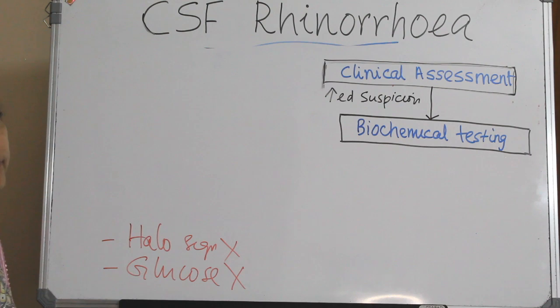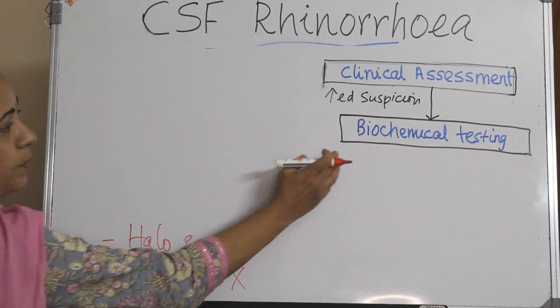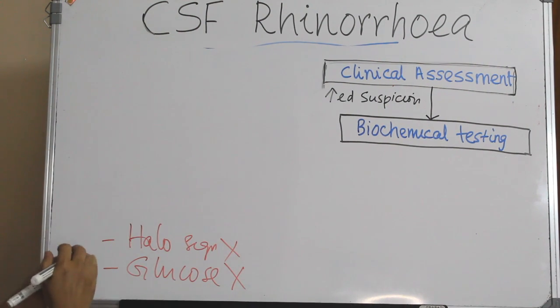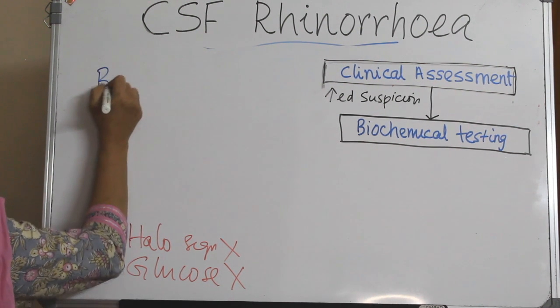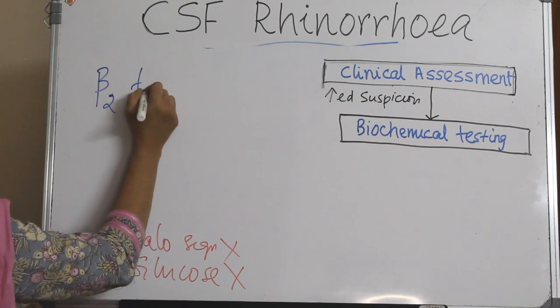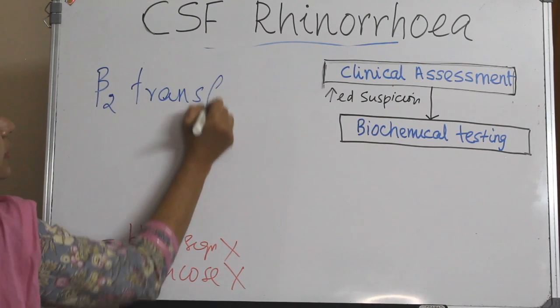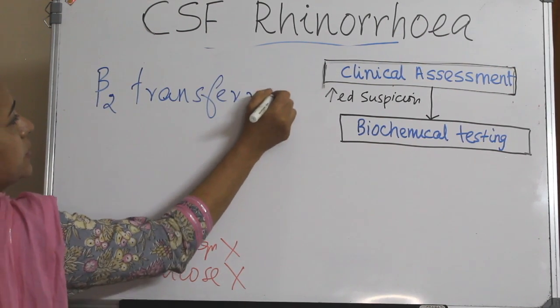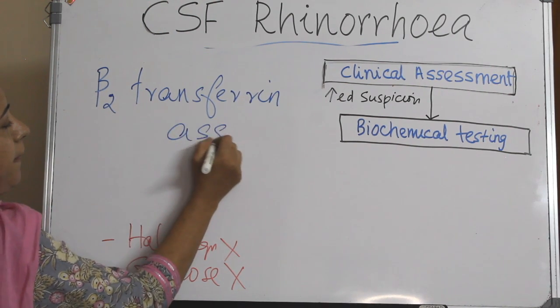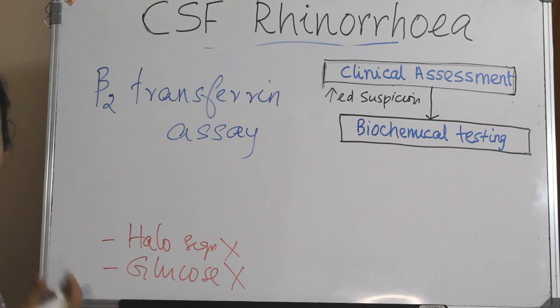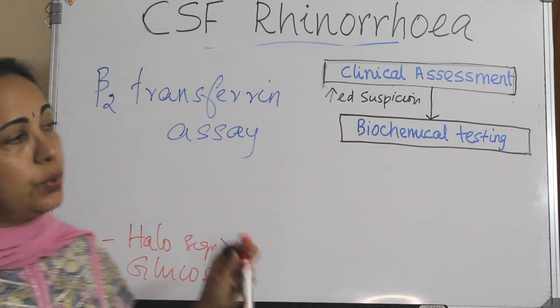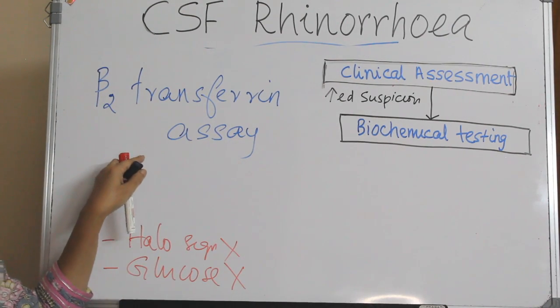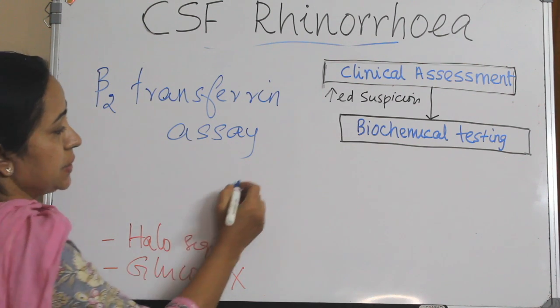And the most reliable test of biochemical testing is the beta-2 transferrin assay. Okay. This beta-2 transferrin is a protein found in CSF and also in the perilymph and also in the vitreous humor. So estimation of this gives a very good sensitivity and specificity.